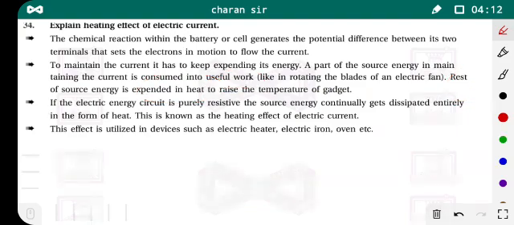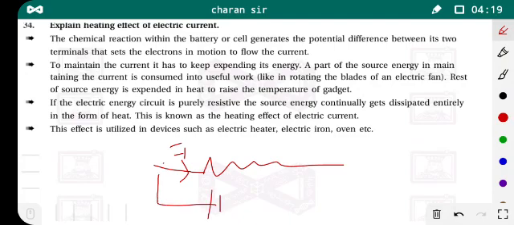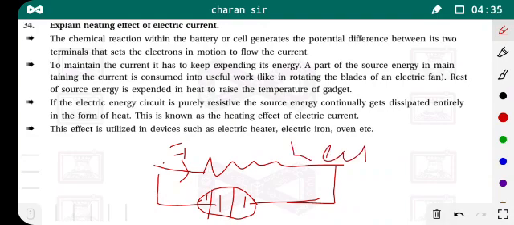Suppose current passes through a conductor connected with a battery. Some of the energy of the battery is used for useful work, but the rest of the energy is wasted in the form of heat.